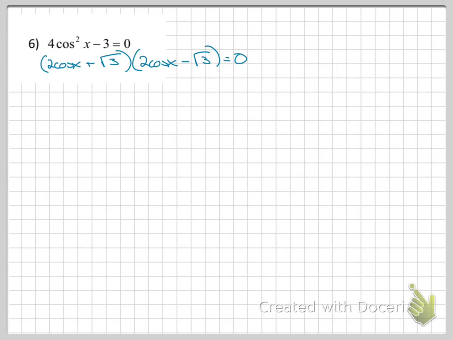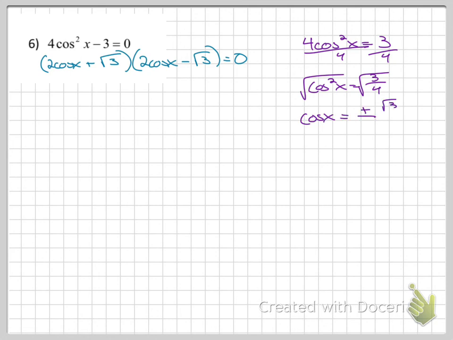You're also welcome to move the number to the other side, divide by 4, and then square root both sides. But remember, when you square root it, cosine x equals plus or minus. That's root 3 over the square root of 4, which is just 2.